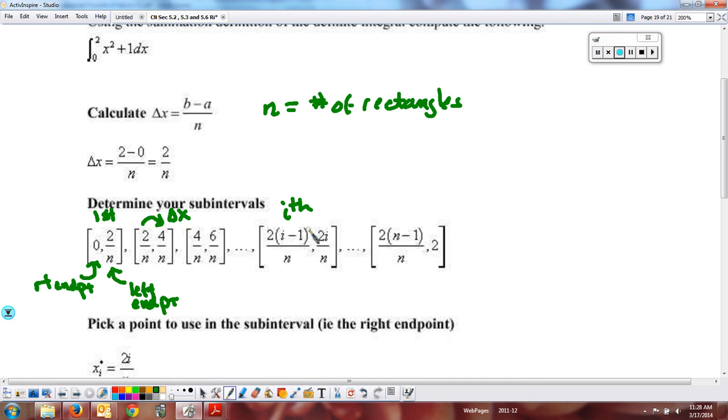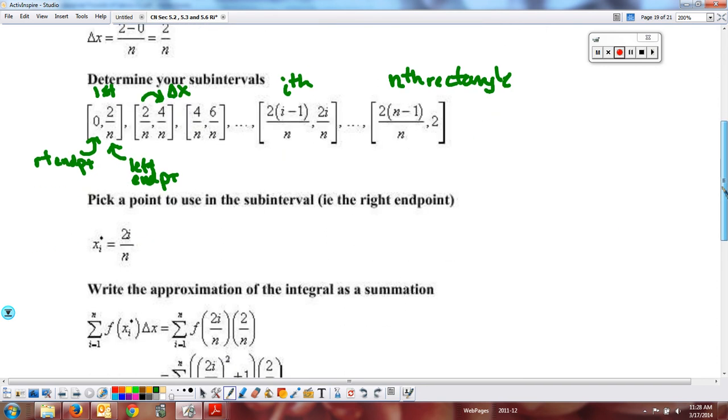And then that's going to give me that if I go to n rectangles, the nth rectangle, we're going to end up at 2 times n minus 1 over n. And at the end, you're going to have 2 as your right endpoint, right? Because you're at the end of the interval. And so that's this general sense of saying, in terms of n, how do I find out the left endpoints and the right endpoints of all these rectangles I'm adding up?